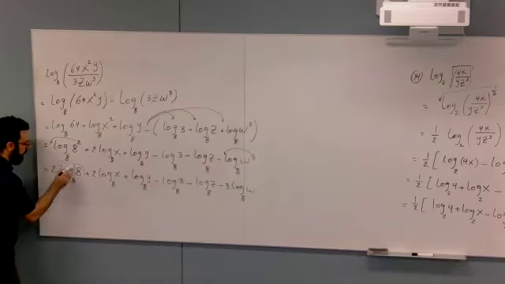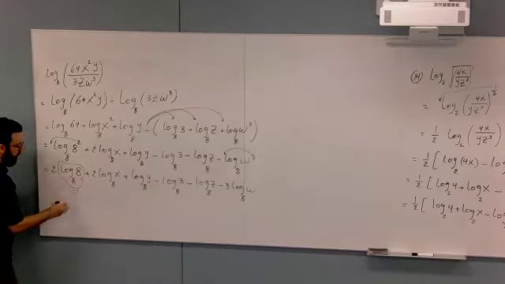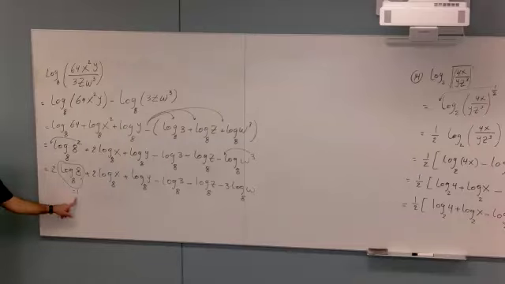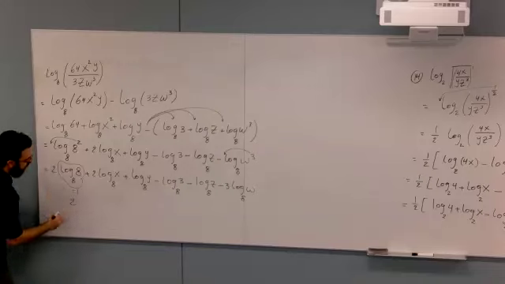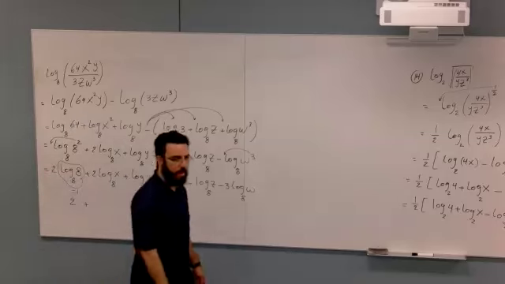Now just convert this one as well. The log base 8 of 8 is 1, so 2 times 1 is going to be 2. That means just change this part to the 2 plus the rest. Okay?